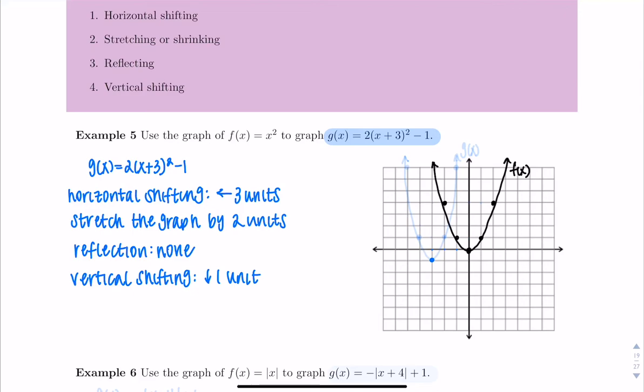Now let's go ahead and do this with 1, 1. So move 3 units to the left. You're going to multiply your y-coordinate by 2. So it's now going to be 2. We're not reflecting it. And then we need to move down 1 unit.